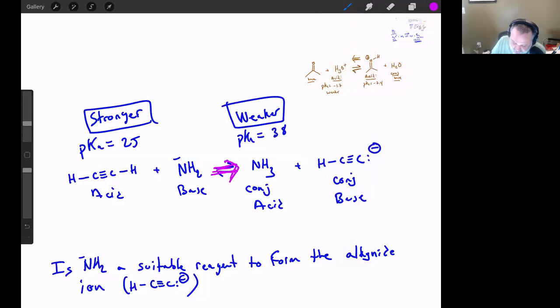So in this case, the reaction is product favored. So the answer to the question, is amide a suitable reagent to form the alkanide ion? In this case, the answer is yes. In the previous case, the answer was no when we were using hydroxide.